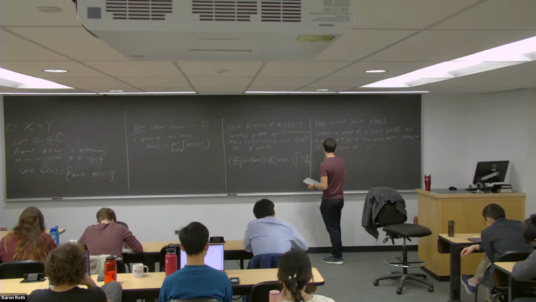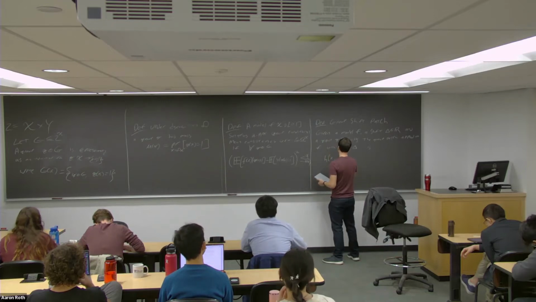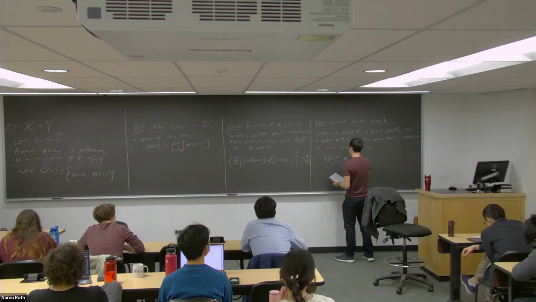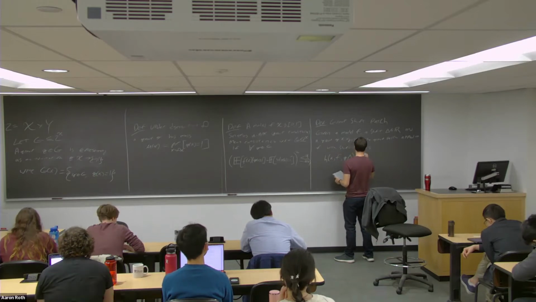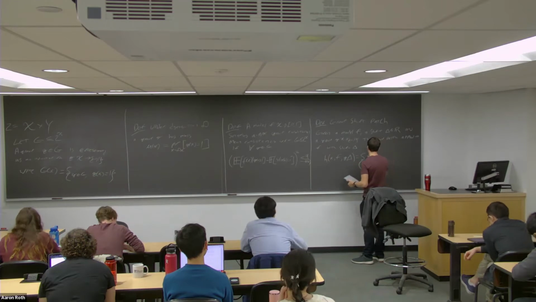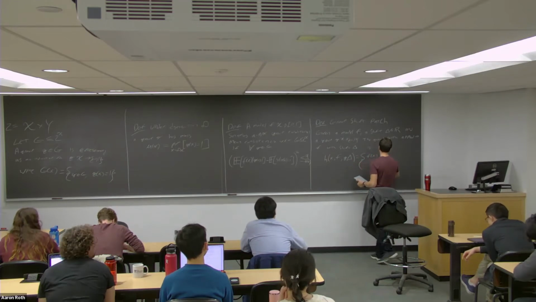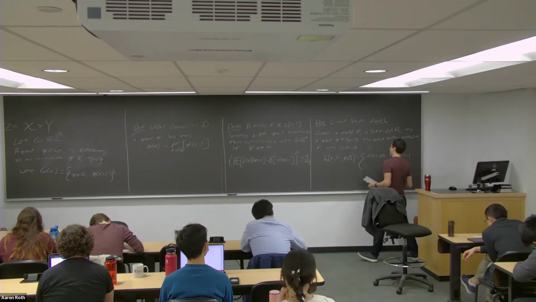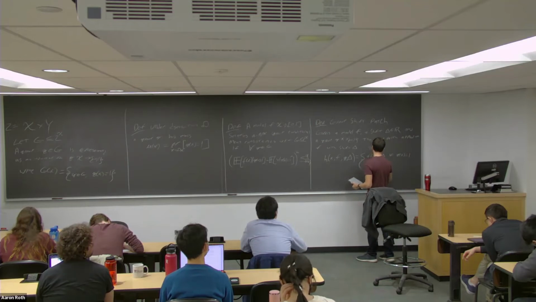I'll call it h of x, and it's parameterized by the model we're starting with, the group, and the shift. It's the model that outputs f of x plus delta if x is in the group g, if g of x is 1, and outputs f of x otherwise.